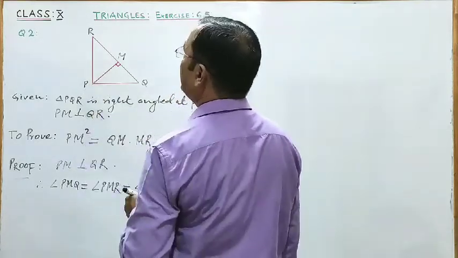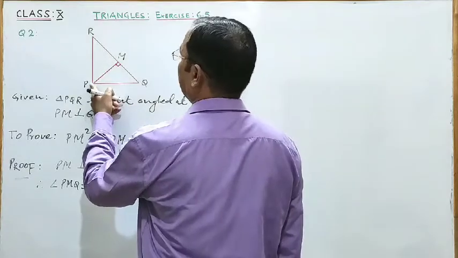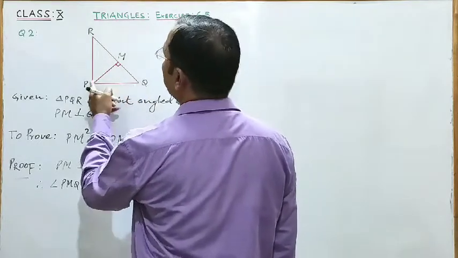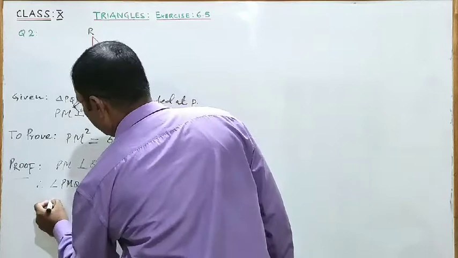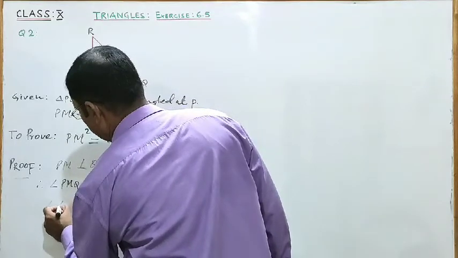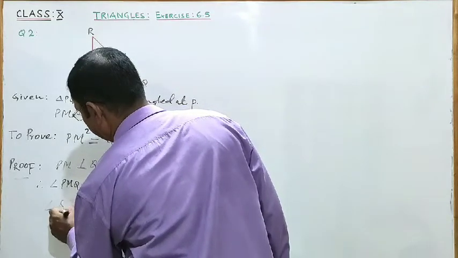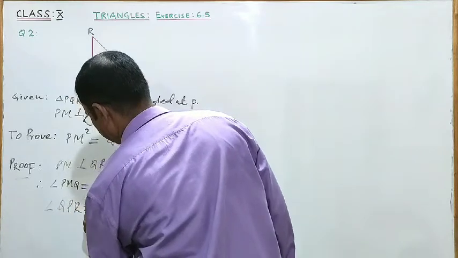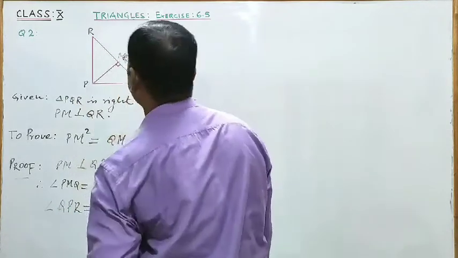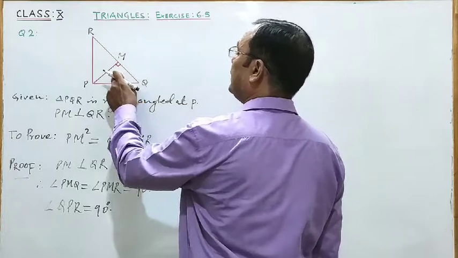This triangle PQR is right angled at P, so angle QPR is also equal to 90 degree. Now see in this triangle.